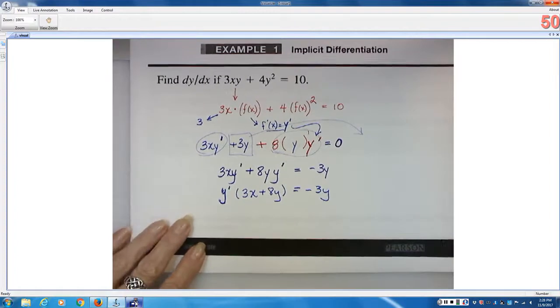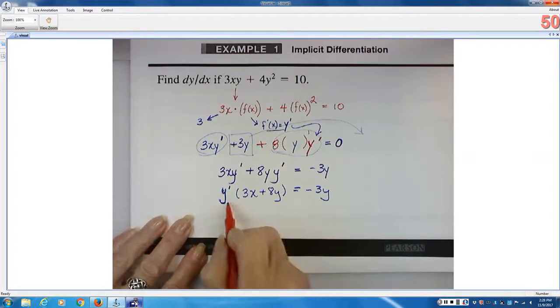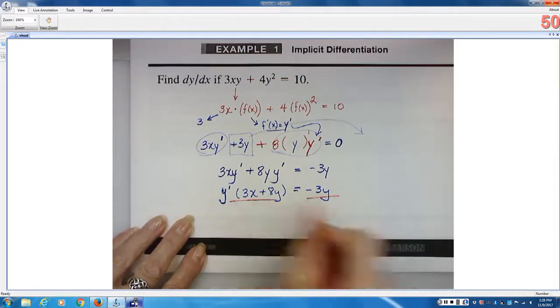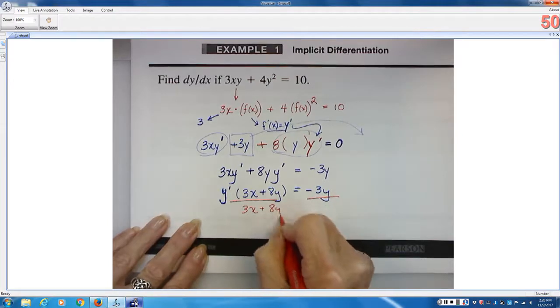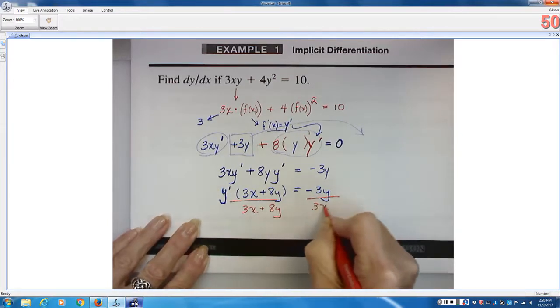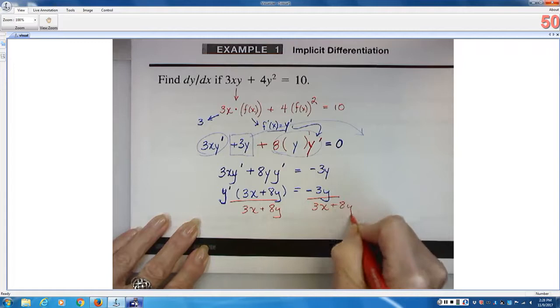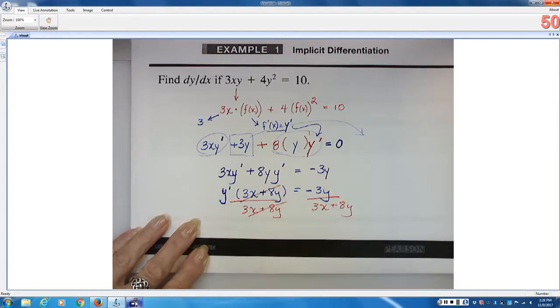So now it's no trouble at all to do this. And we have our derivative.